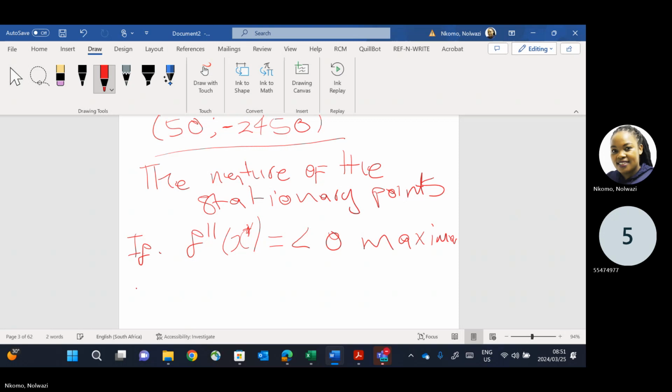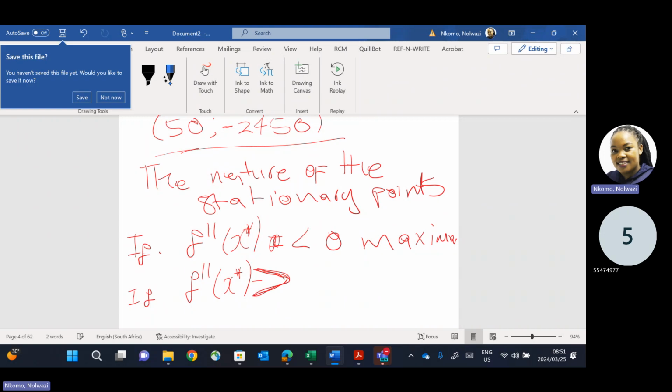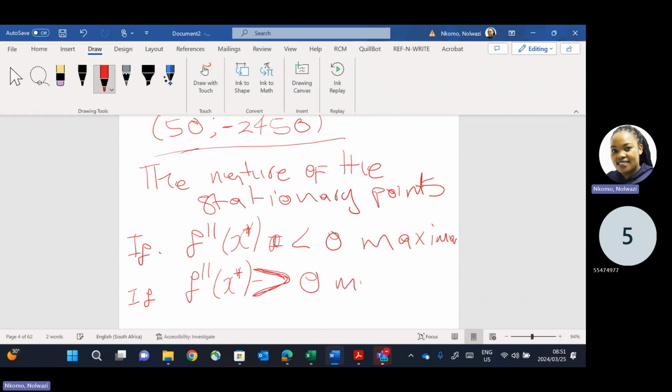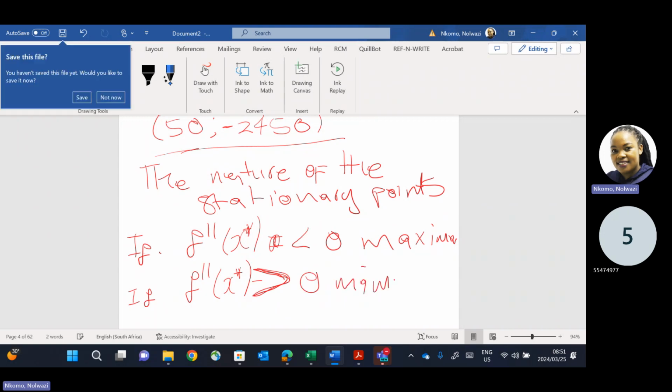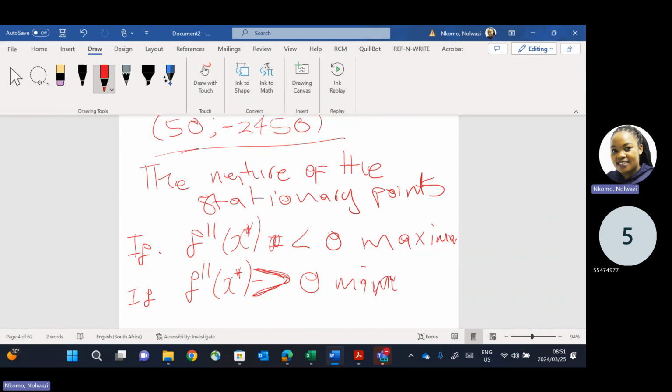And if the second order derivative of that stationary point, the one that we obtained here, is greater than 0, then we say that point is the minimum point.